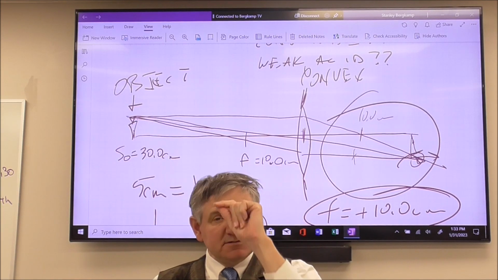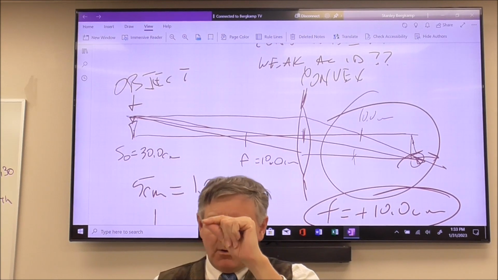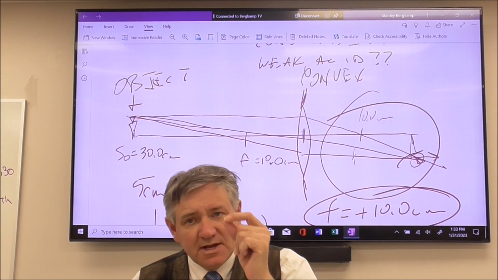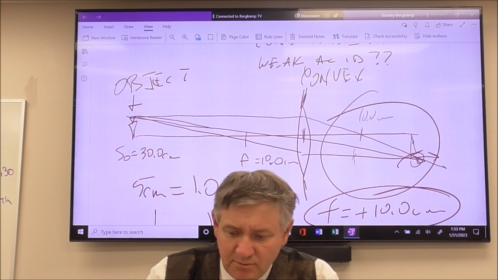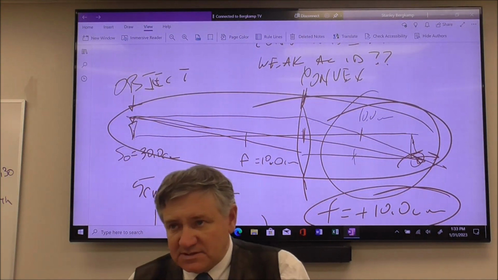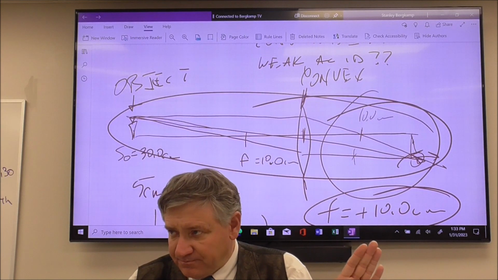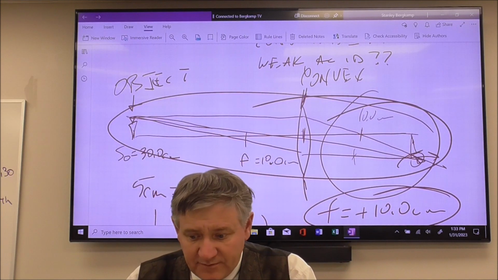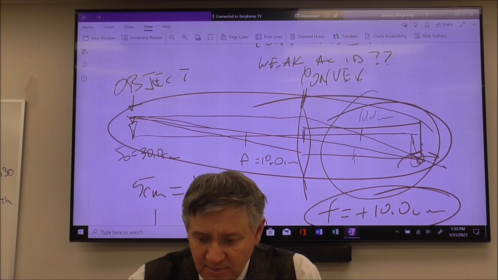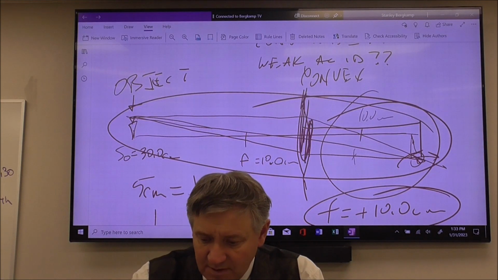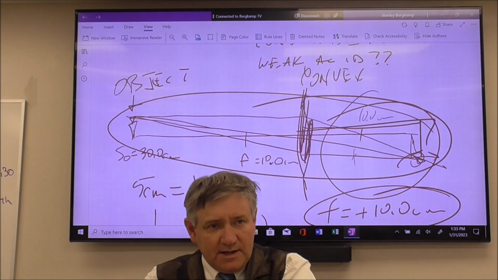So here's the spirit of how I want this assignment done. In the spirit of this assignment, you would actually do this diagram. You would do that first. You wouldn't even worry about the thin lens equation. You would do that diagram first, and you would measure this distance from that lens out to where that image is.